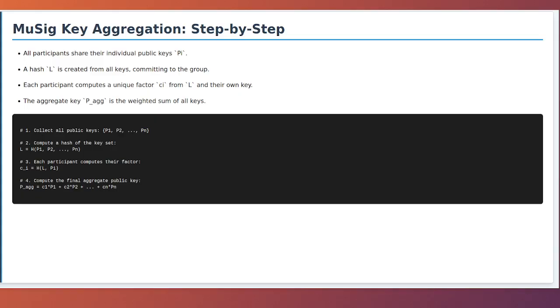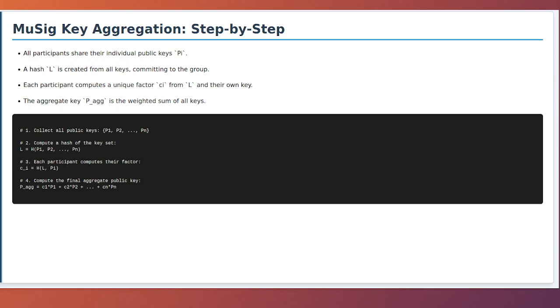Now, for the crucial step, each participant calculates their own unique challenge factor, C sub I. Alice calculates her factor, C sub A, by hashing L along with her own public key, P sub A. Bob does the same with his key, P sub B, and so on. Finally, the aggregate public key, P sub AGG, is computed as the weighted sum you see in the code block.